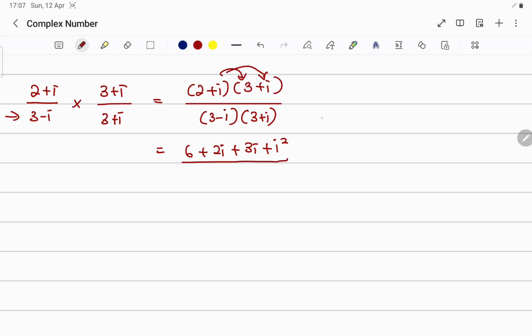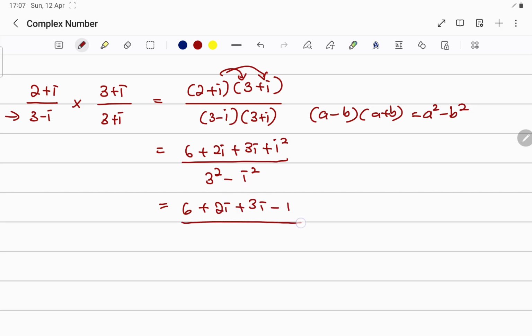Divided by, and if you see here, the denominator is in the form of A minus B, A plus B, so we can change it to A square minus B square. So 3 square minus i square. i square is equal to negative 1, so we substitute inside. 6 plus 2i plus 3i minus 1, divided by 9 minus negative 1.